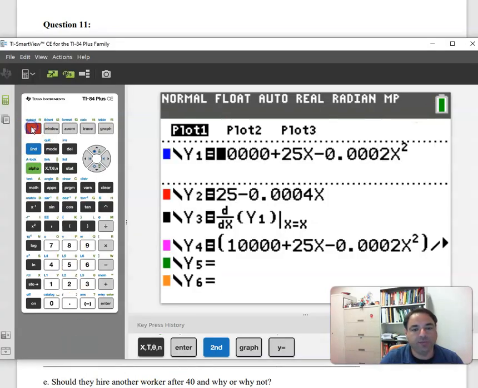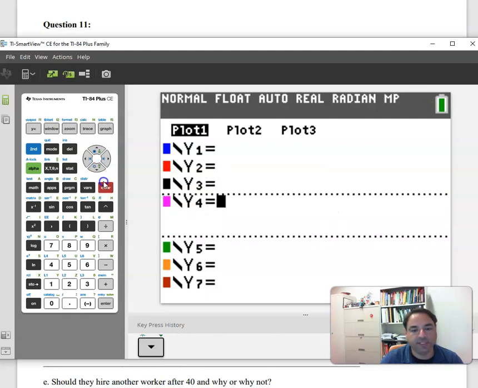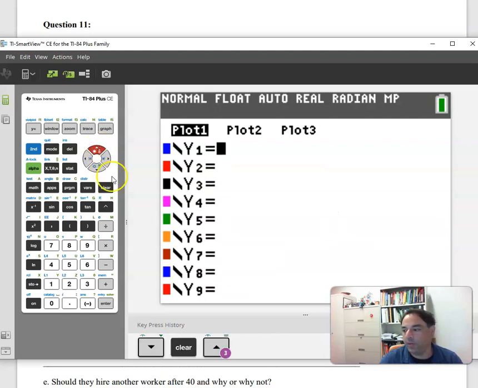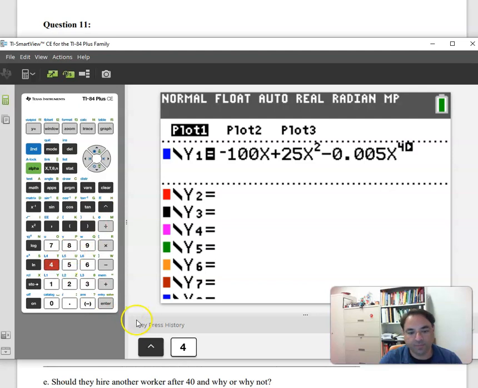So I'm going to go to y equals and clear everything I have in there. In y1, we're going to put negative, make sure it's negative, not subtraction, 100x plus 25x squared minus 0.005x raised to the 4.